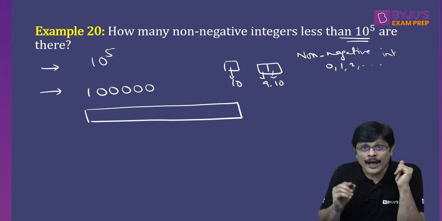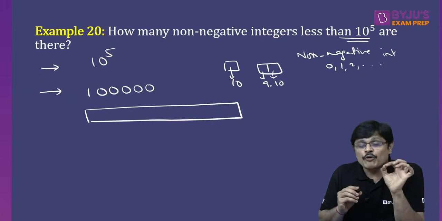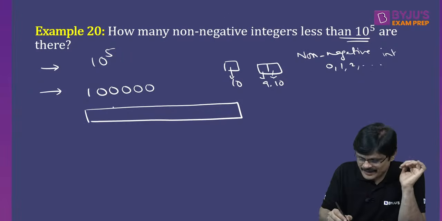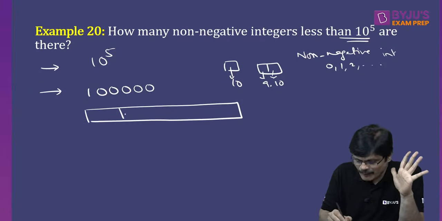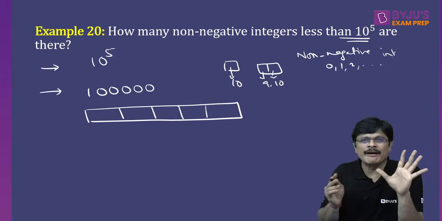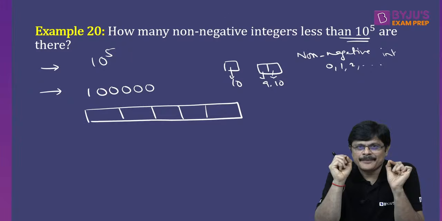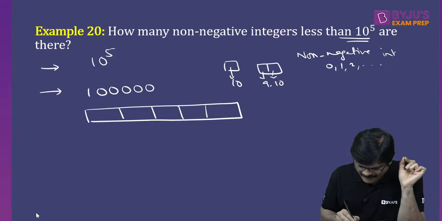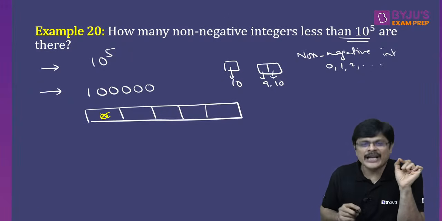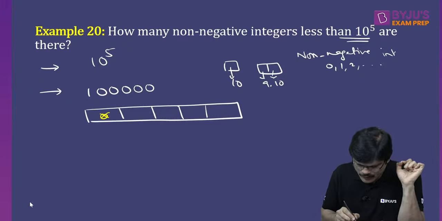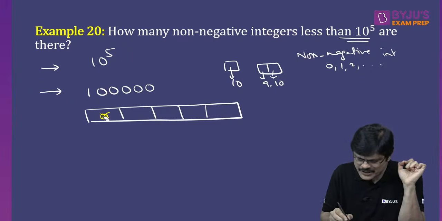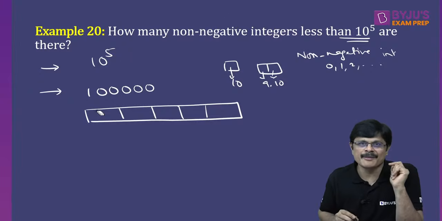Now, if you want to solve it at a time, the maximum you get is a 5 digit number: 1, 2, 3, 4, 5 digits. Now see this carefully. In a 5 digit number, 0 is not allowed in the first place. Without 0 here, you get a 4 digit number.